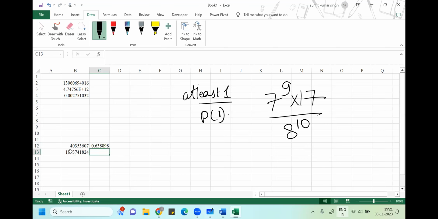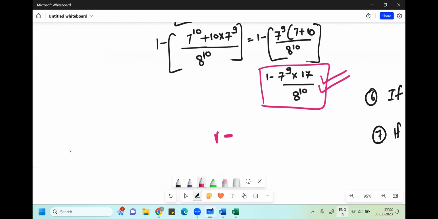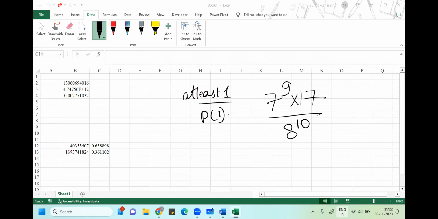I'll get 0.3611. So my answer would be 1 minus this, which is 0.6388.